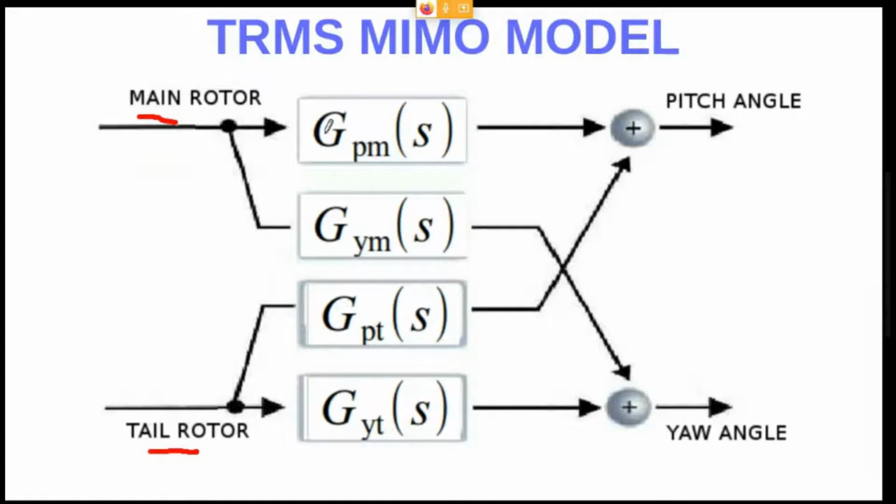The naming of these sub-indices will be P for pitch, because the first letter is about the output, so it will be P or Y, where Y is for the yaw angle, and the second letter is named after the input, M for main, because these two transfer functions both have the same input, the main rotor, and T for the tail, because these two transfer functions both have the same input, that is the tail rotor.